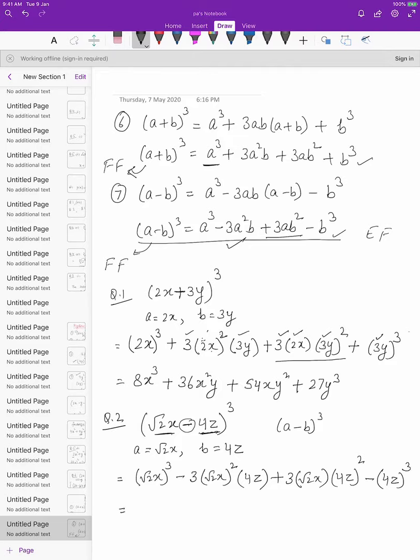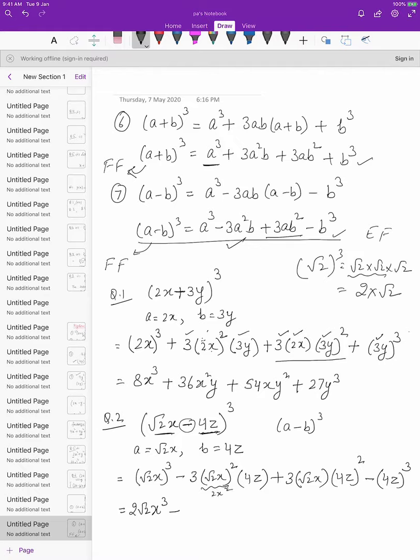Now let's open out root 2x whole cube. So x cube is very easy to write, but what about root 2 whole cube? Just look here, root 2 whole cube is actually root 2 into root 2 into root 2. Now root 2 into root 2 will give you 2 and this root 2 will remain as it is. So what can I write? 2 root 2 into x cube minus, again this is a square, so if you simplify this, what will you get? 2x square.